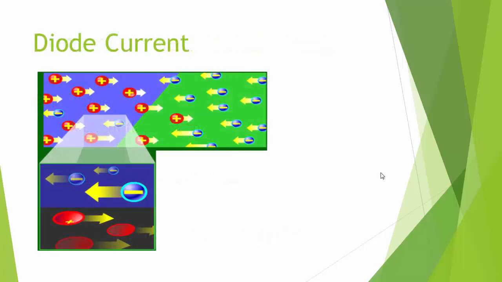And so this is a cartoon of it right here, where we can see holes moving in one direction, obviously from the positive side of the circuit, and electrons moving in the opposite direction in order to move charge. And this is like the definition of current when you think about it, charge moving.